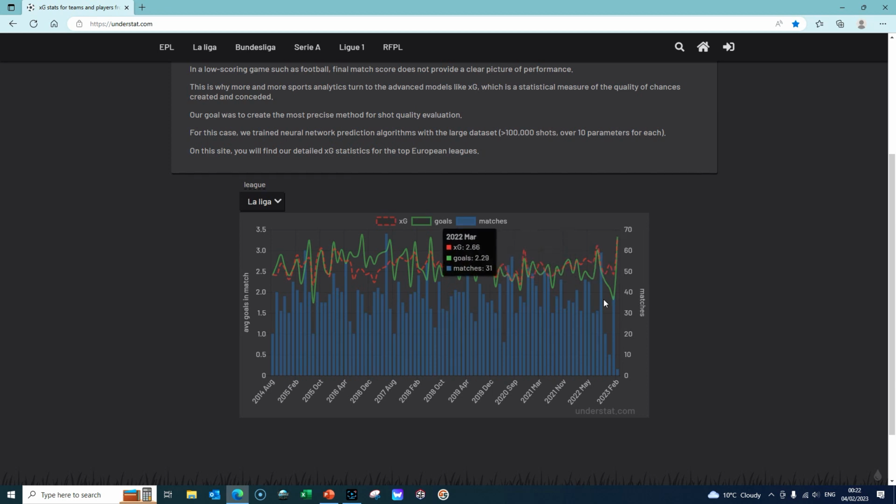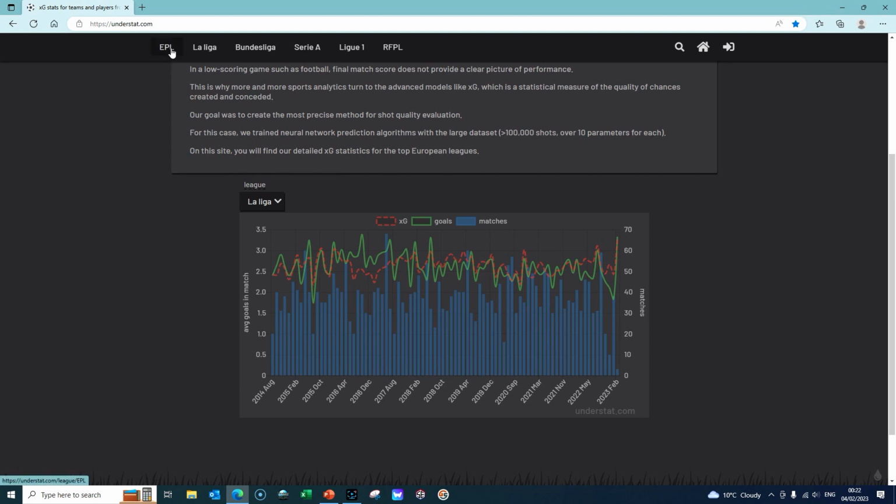So you can actually keep an eye on that, and it also gives very good data on players, teams, etc, if you wish to know that. So know the leagues, know what you're trading with. It's no good going over 2.5 goals if the average in the league isn't that.